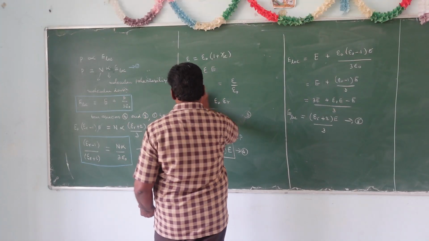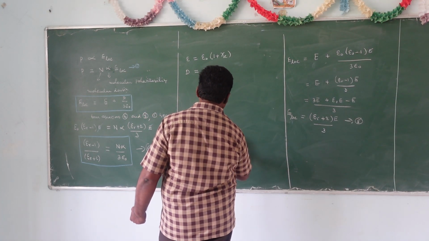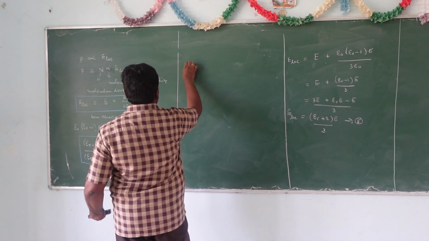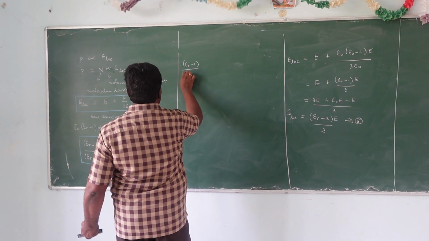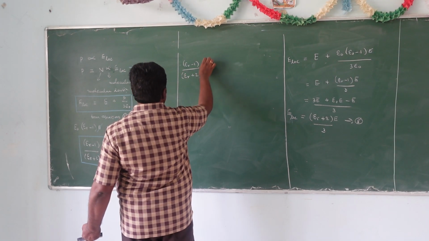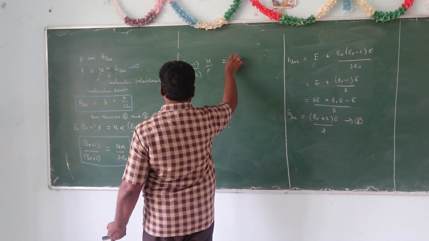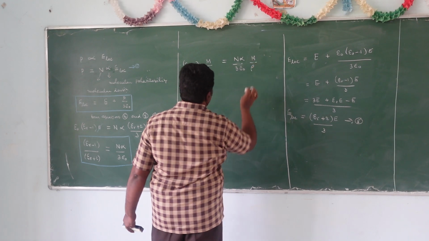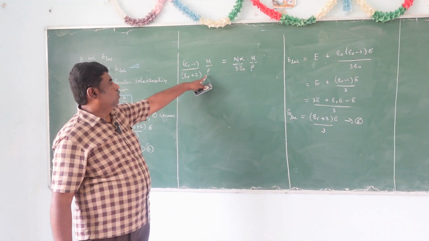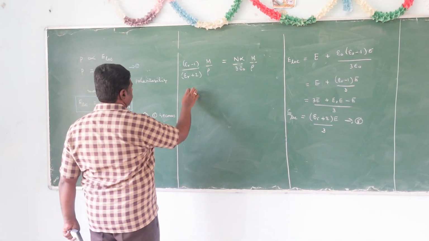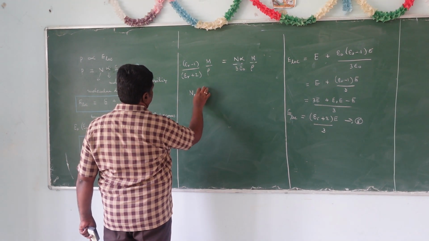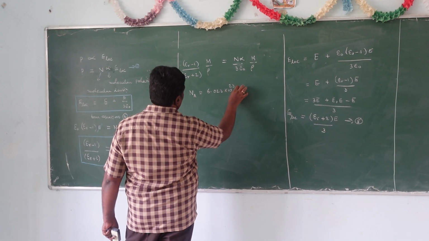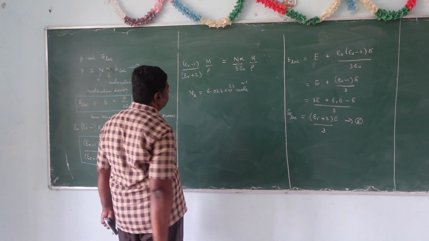Now multiply both sides of equation 6 by M by rho. (Epsilon r minus 1) divided by (epsilon r plus 2) into M by rho is equal to n alpha divided by 3 epsilon naught into M by rho. Here M is our molar mass, rho is our mass density. Now we can coin a term Avogadro number, equal to 6.023 into 10 power 23 per mole.